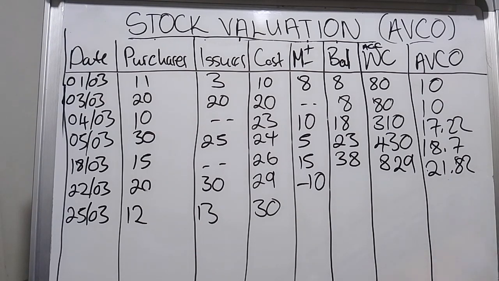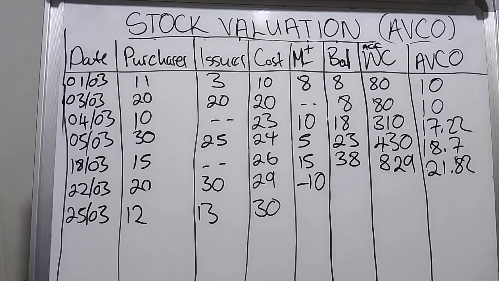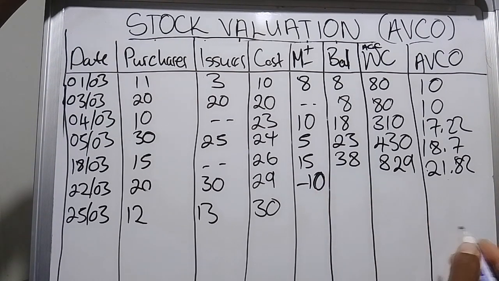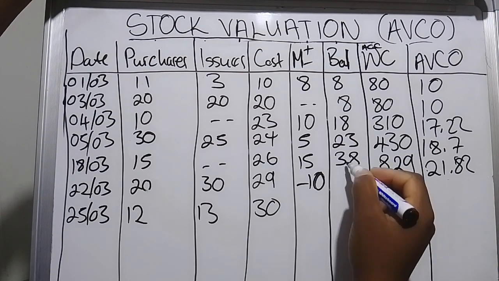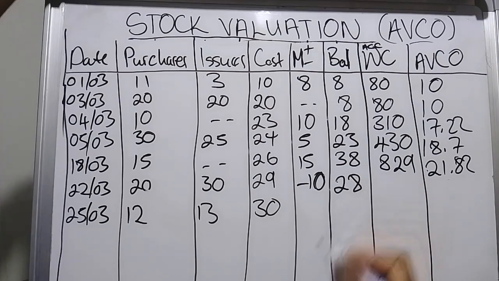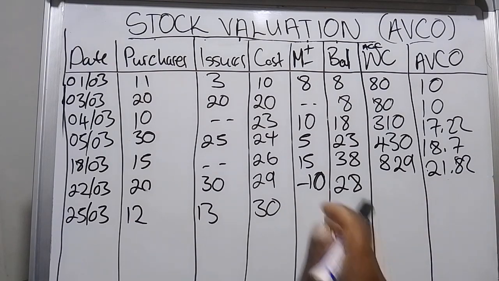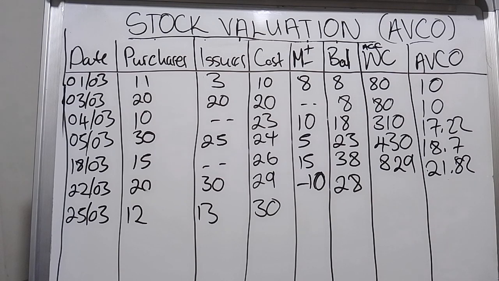It has an impact on the balances, but it doesn't have an impact on the average cost. So we say 38 minus 10 will remain with 28. Then what was the cost of the items that we reduced? We just take the average cost and multiply by 10.